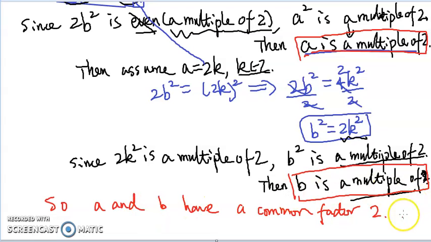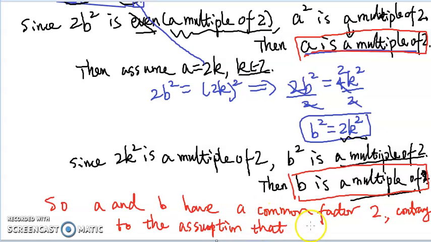So this is contrary to the assumption that we had at the beginning. When we picked the fraction a over b, we made sure the greatest common factor of a and b is equal to 1. But now we're saying a and b have a common factor 2. That's the contradiction.